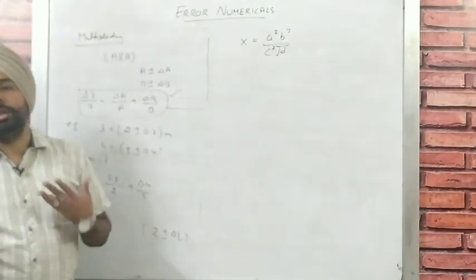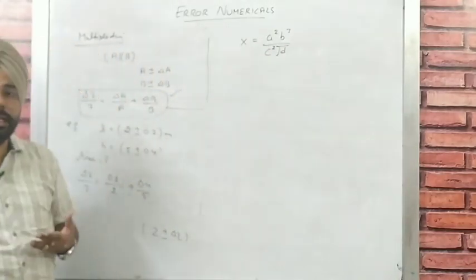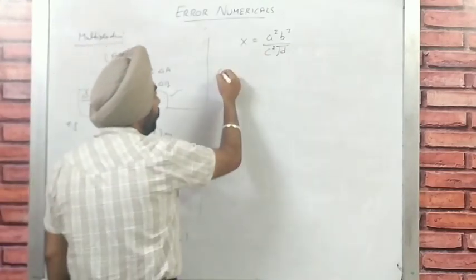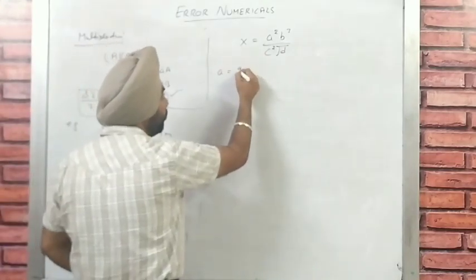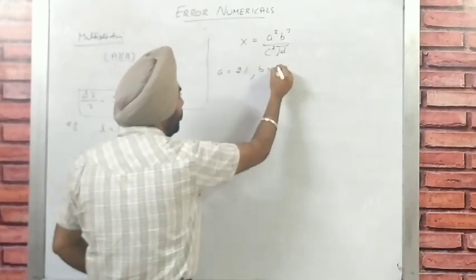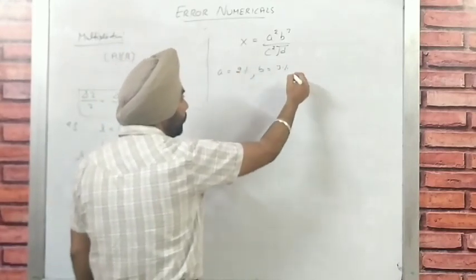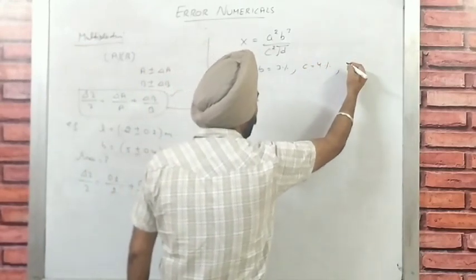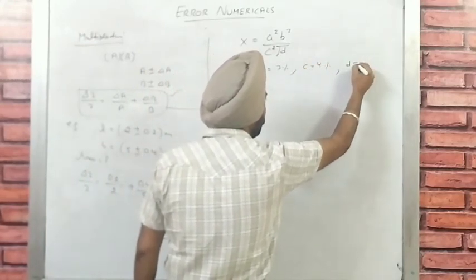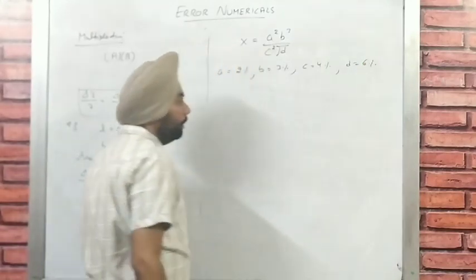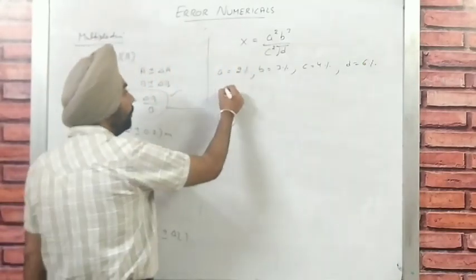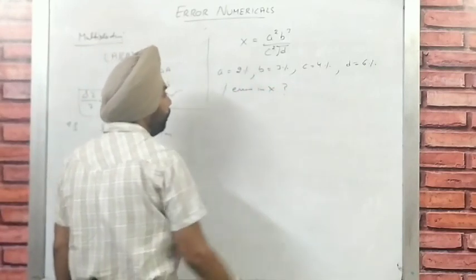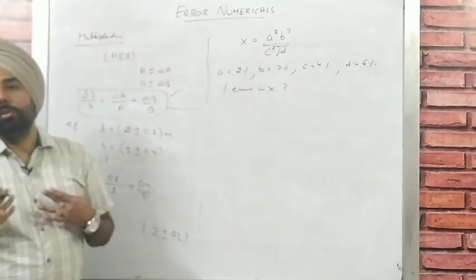Now, if percentage errors of individual values are given to you, let's say the value of A is given as 2%, value of B is 3%, value of C is 4%, and value of D is given as 6%. Now you have to find out the percentage error in X.